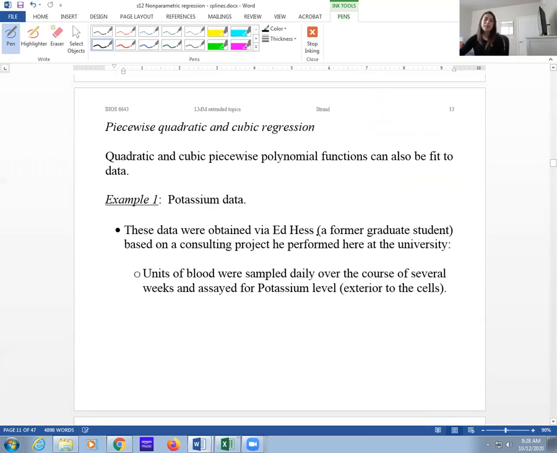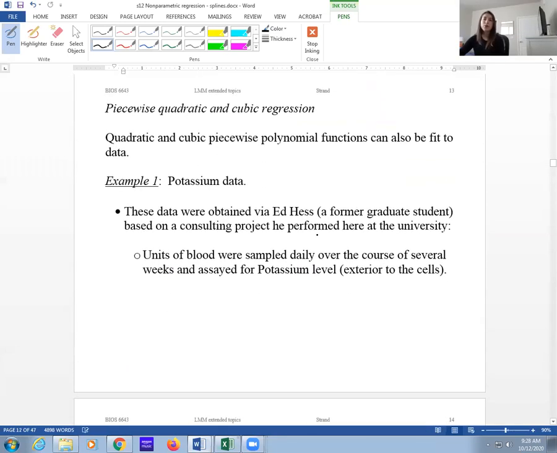I have a question about what if you had data where you didn't have a specific point where you wanted the knot to be? Could you use something from the data to determine where the change point would be? That's a great question. Yeah, there are methods designed to figure out the number of knots that you might have, and where they should be.